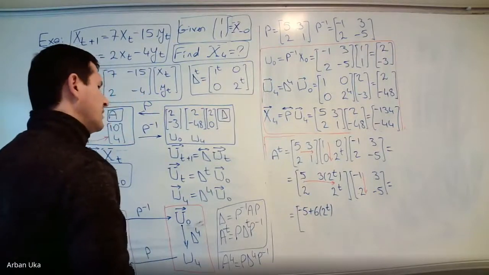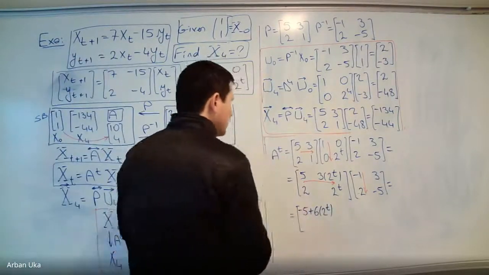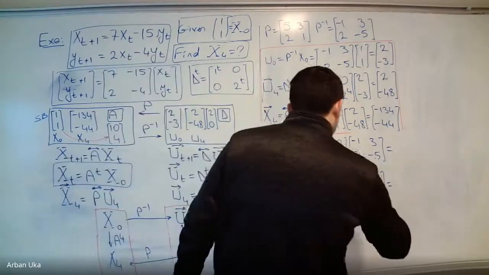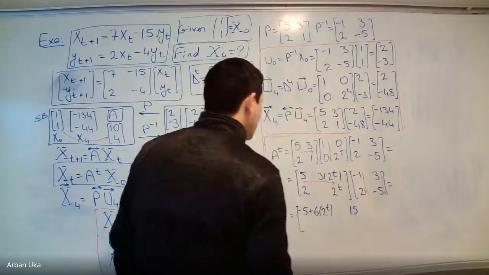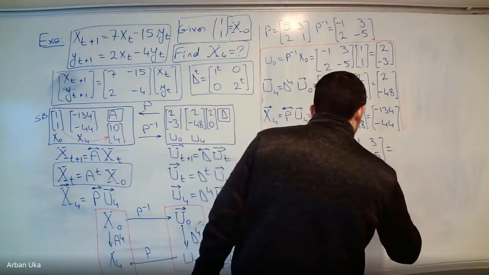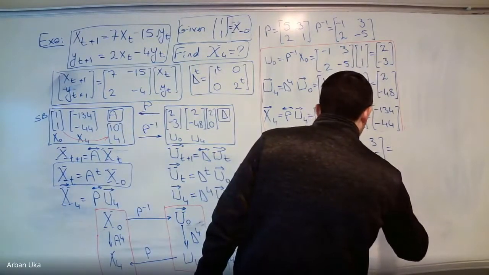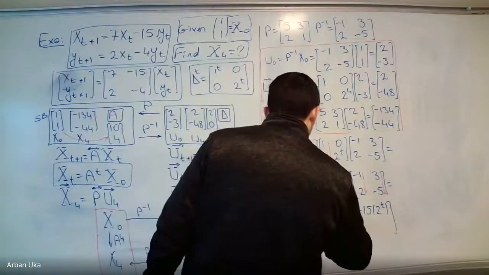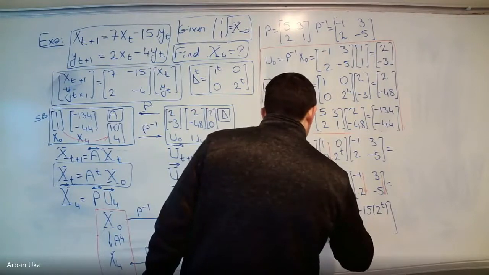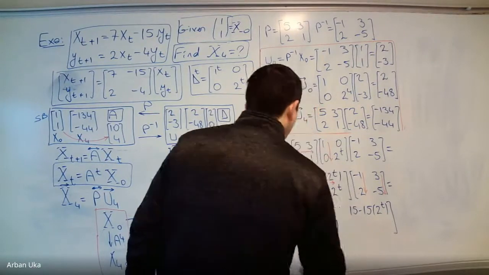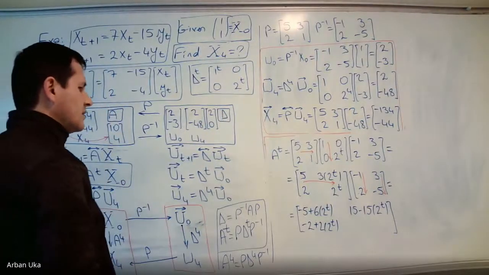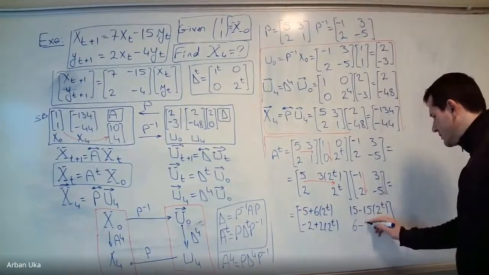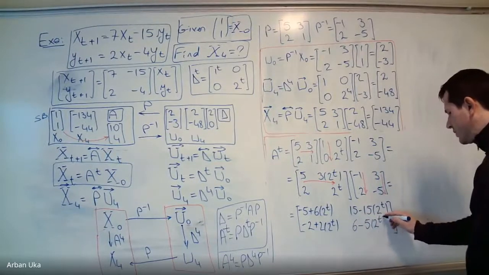And then we have 15, we multiply the first row with the second column, and we get 15 minus 15 times 2 to the power t. Then we get minus 2 plus 2 to the power t, and then we have 6 minus 5 times 2 to the power t.